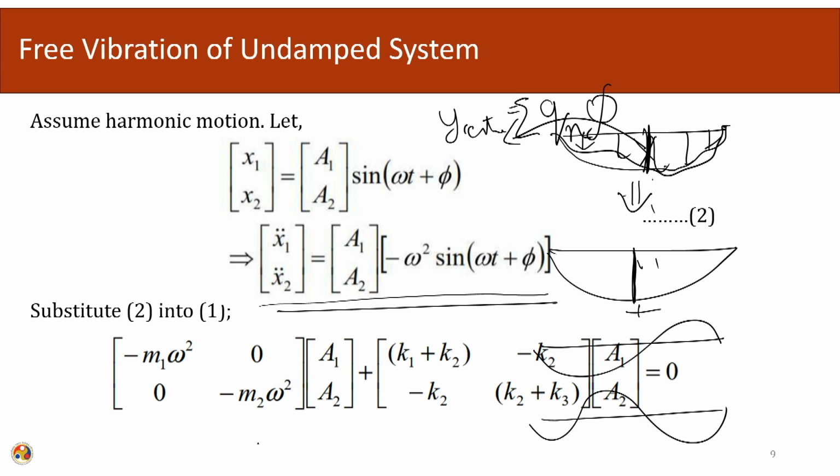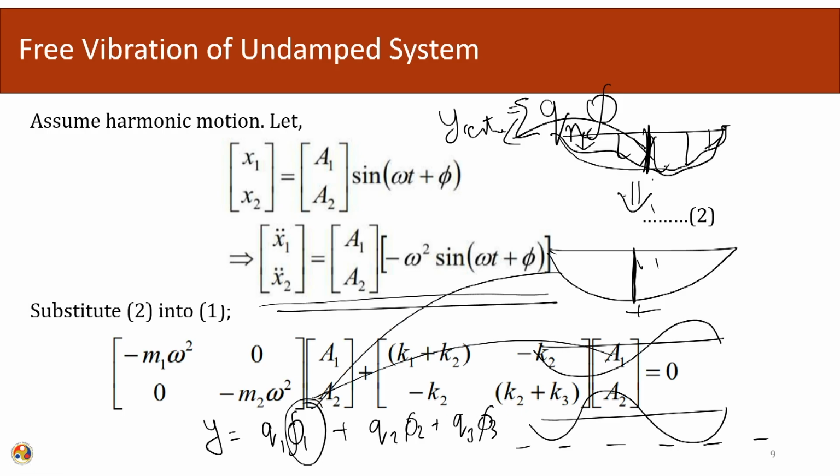It means that y will look something like this: q1 phi1, q2 phi2, q3 phi3, and so on and so forth. So, it will have a shape function contribution from all the modes, and an amplitude corresponding to that particular mode.